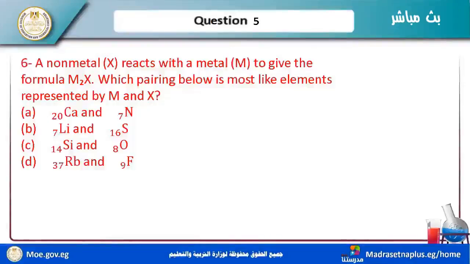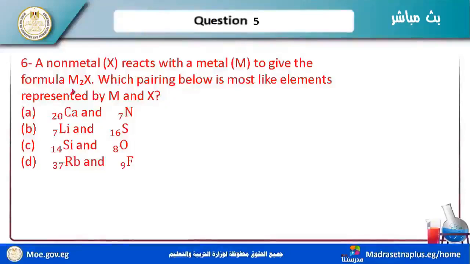M2X means that M is monovalent and X is divalent. Now we have many examples, like Ca, O, and N. First you make the electronic configuration of each choice to know what this M2X means.